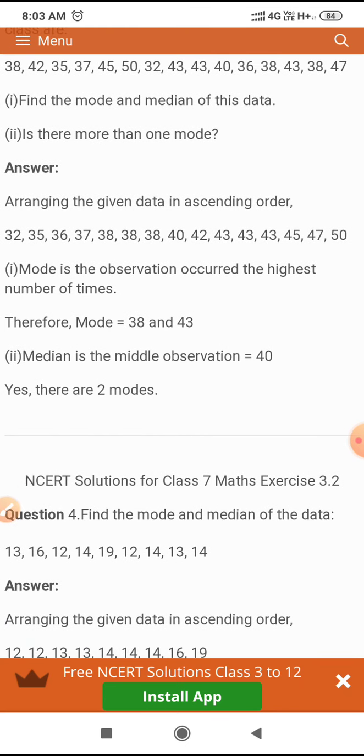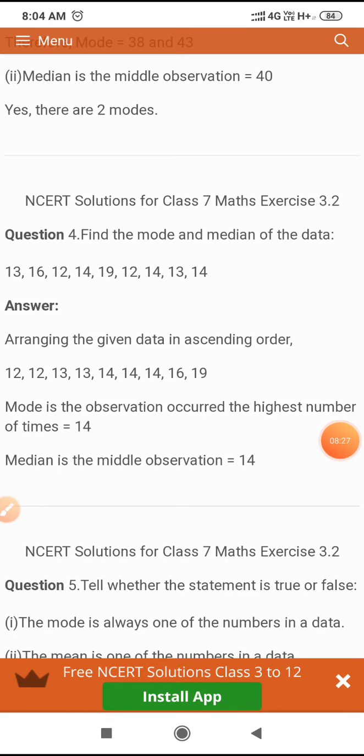After arranging our data in ascending order, we can conclude that the modes of this observation are 38 and 43 because both terms occur the same number of times. So there are two modes in this data. In the second part we have to find the median of this data. So to find the median we apply our formula as I did in the previous question, and it is 40.